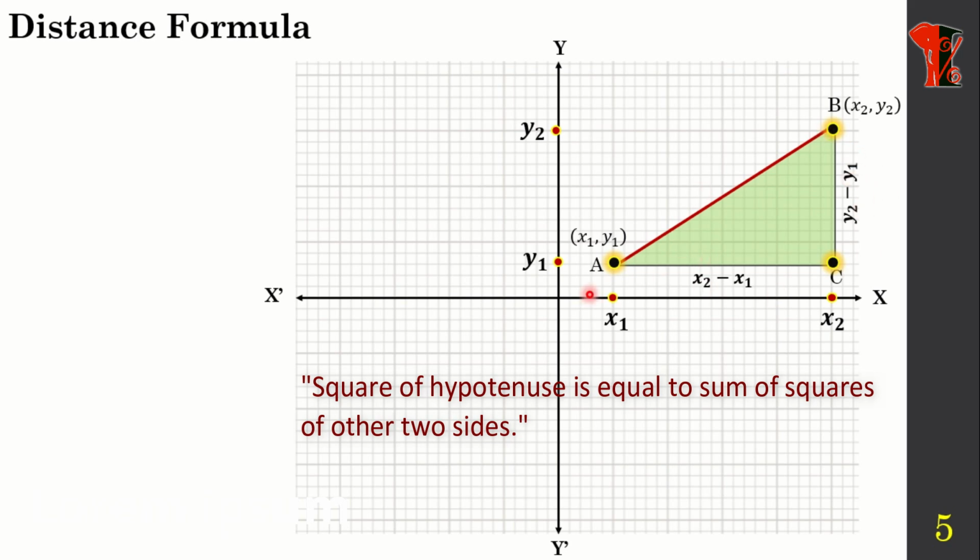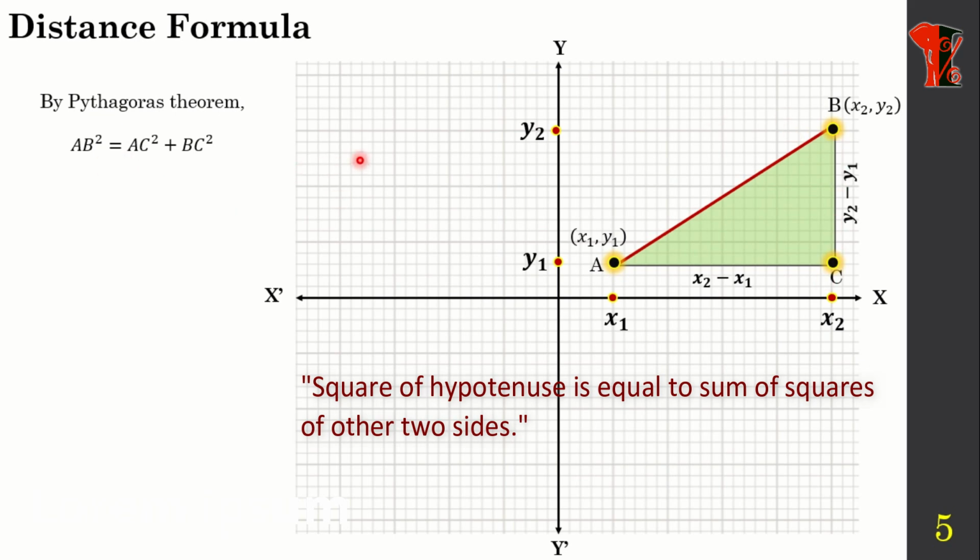So in the right angle triangle, the length of AC is x2 minus x1, the difference of x coordinates, and BC is the difference of y coordinates. Now we are going to apply the Pythagoras theorem. AB square, that means hypotenuse square, is equal to AC square plus BC square.